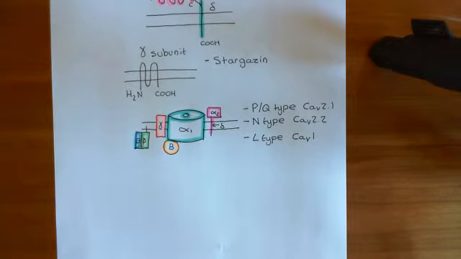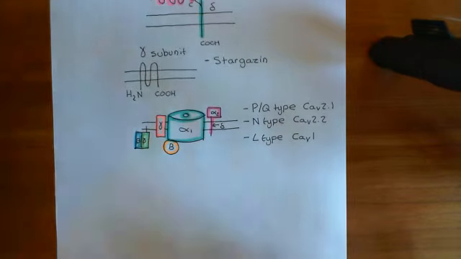So, let's now discuss the significance of this for neuronal axon terminals and synaptic transmission, because this is going to be very helpful when we come on to discuss how the opioids actually have an analgesic effect.